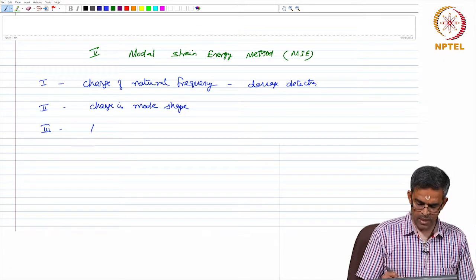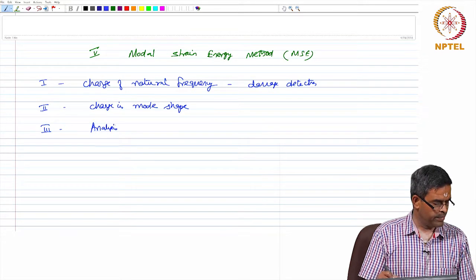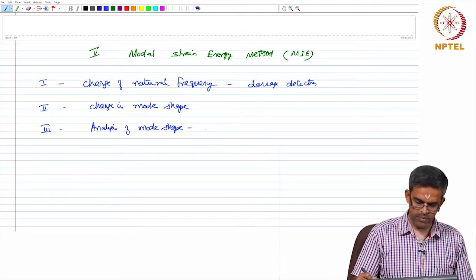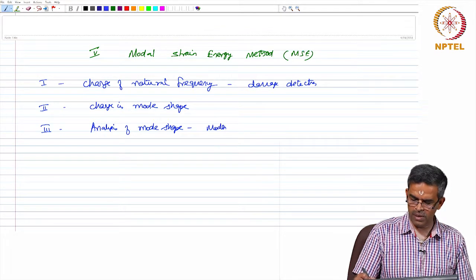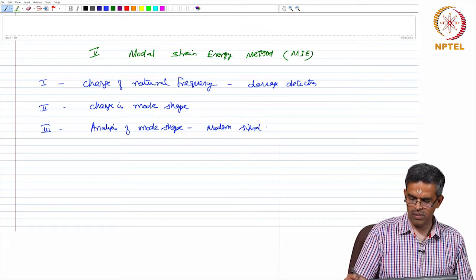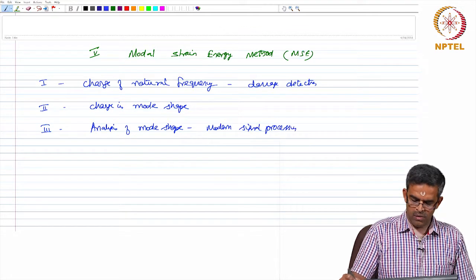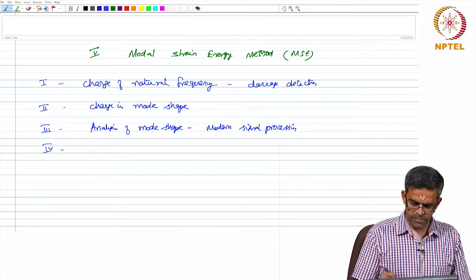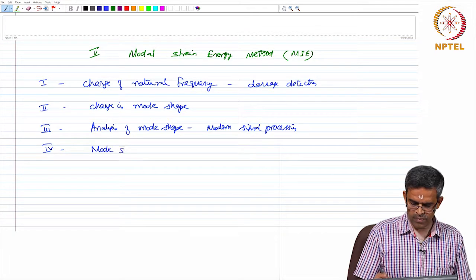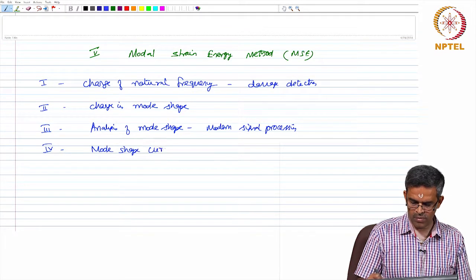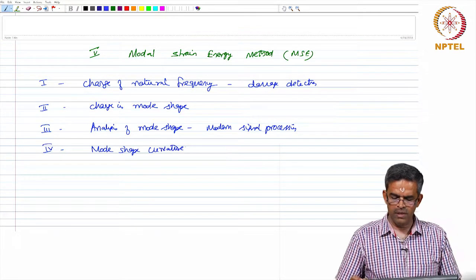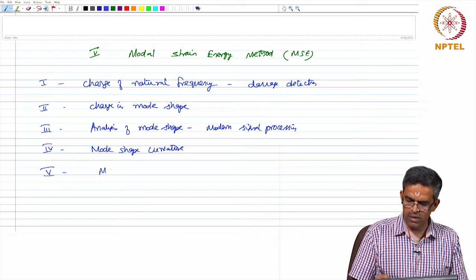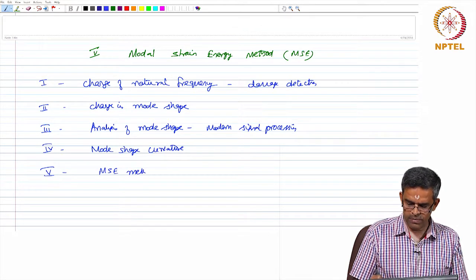The third, analysis of mode shape using modern signal processing. The fourth method is mode shape curvature, which are essentially derivatives of the mode shape, and the fifth method, which we are now seeing, is the modal strain energy method.